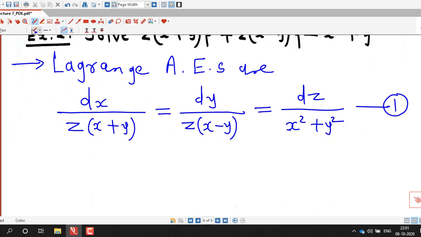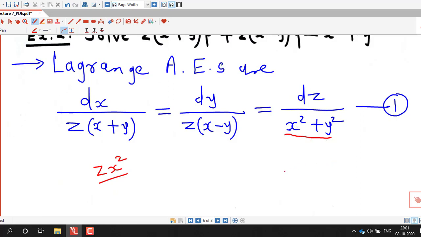Okay, this is the way how you can, by trial and error, select the multipliers. Here you can observe there is an x square.